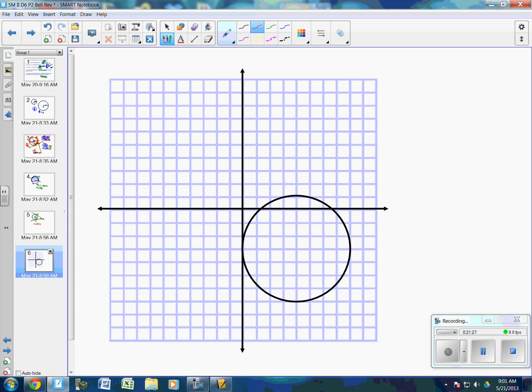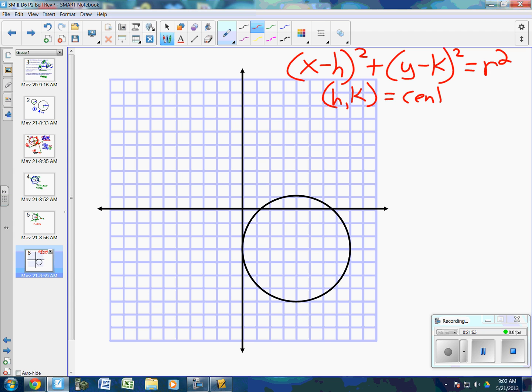For those of you who were not here, this is how it works. You need to write that in your notes. For the quiz today, (x minus h) squared plus (y minus k) squared equals r squared. Now, we learned that h and k are equal to the center of the circle, and that r is equal to the radius.